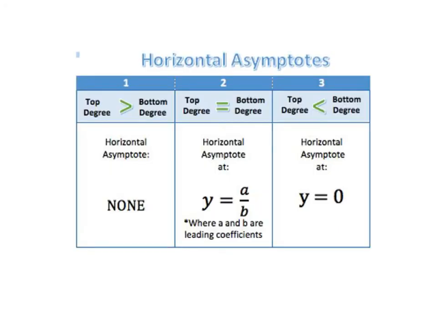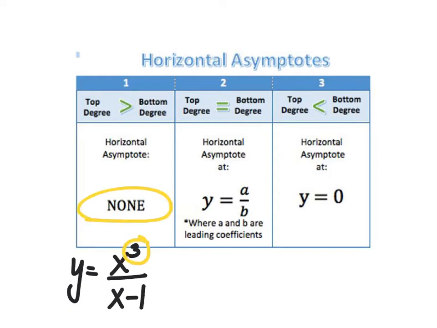Horizontal asymptotes are determined by the degree. If you have a function where the top degree is greater than the bottom, like x cubed over x minus 1, this top degree is bigger, so there's not going to be a horizontal asymptote.